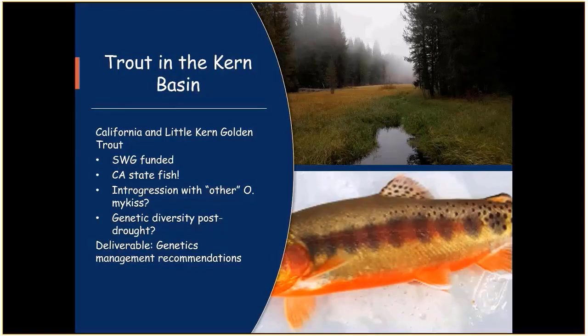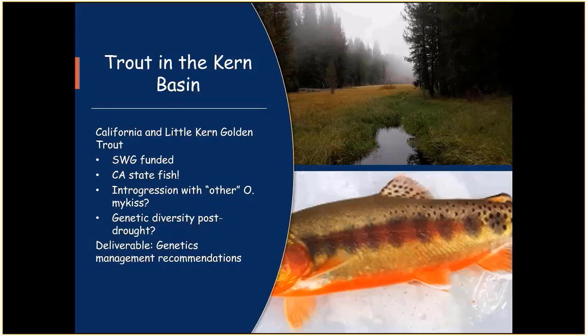Aside from anadromous salmonids, this is probably the most intensively studied and surveyed fish genetics topic in our state, going back at least 20 to 30 years or more. As everyone knows, the California golden trout is our California state fish, and the little Kern golden trout is federally listed as threatened.